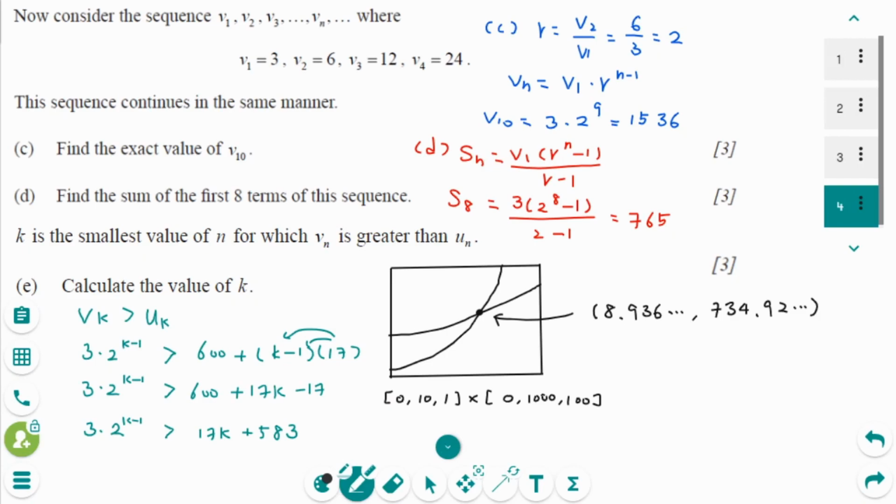Using your calculator, you can find the intersection. So k is greater than 8.936. So k equals 9.